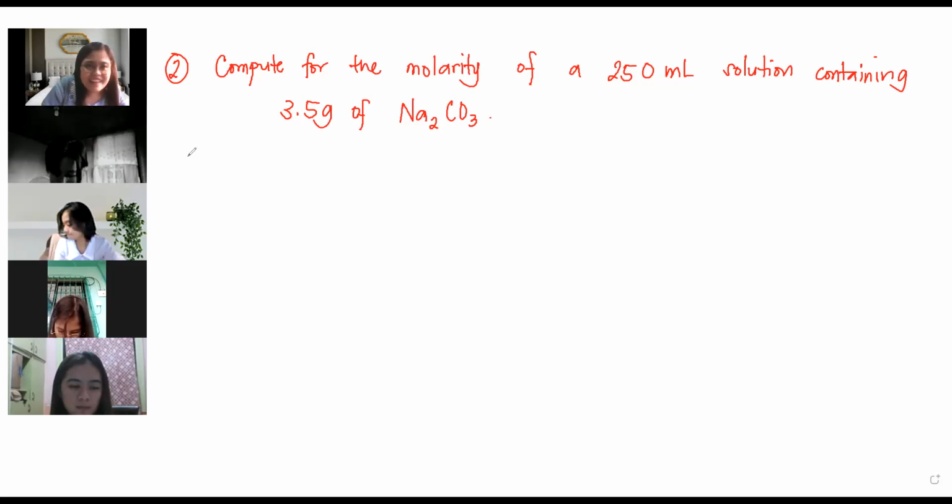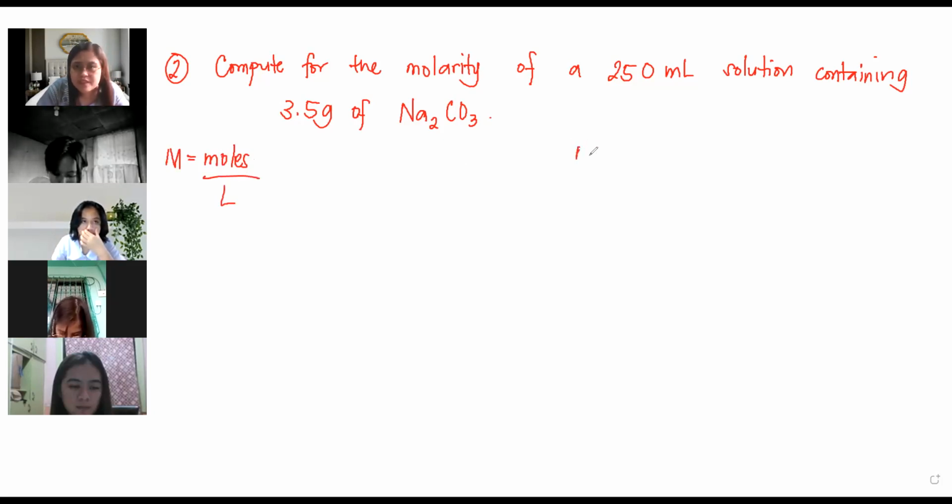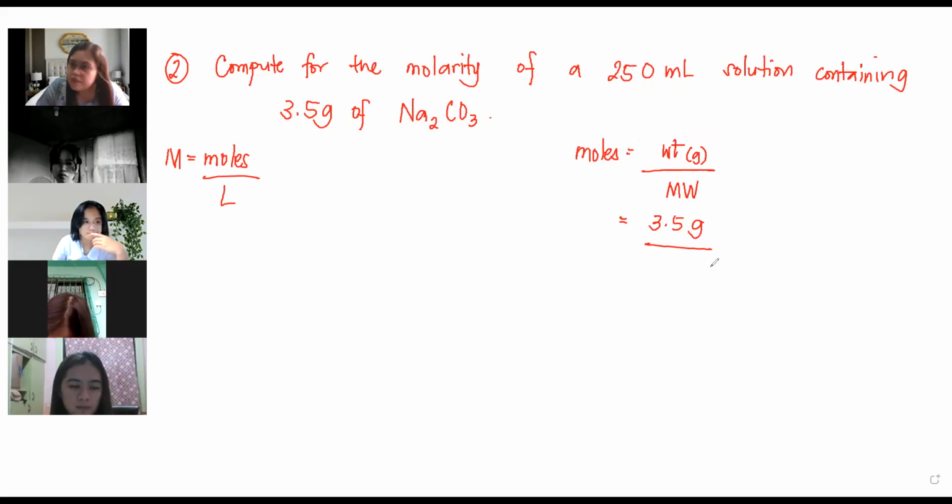Okay, so again, we have molarity is equal to moles divided by liter of solution, but we cannot see moles in the given, so let's compute for it first. Moles is equal to the weight in grams divided by the molecular weight. In the given, we have 3.5 grams of sodium carbonate, and for the molecular weight, we can compute for that.